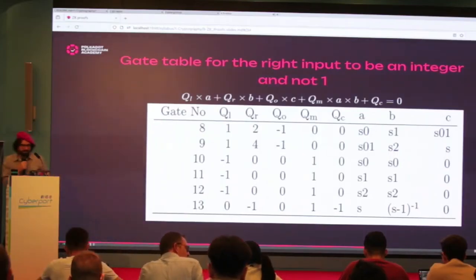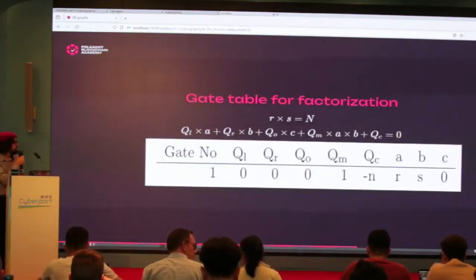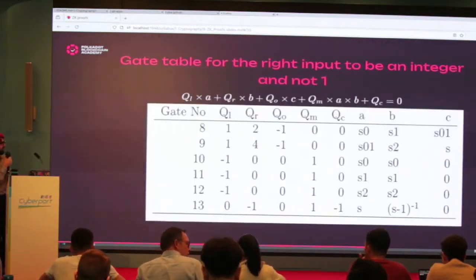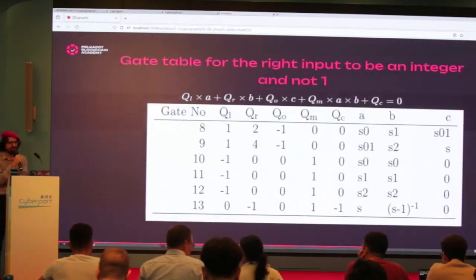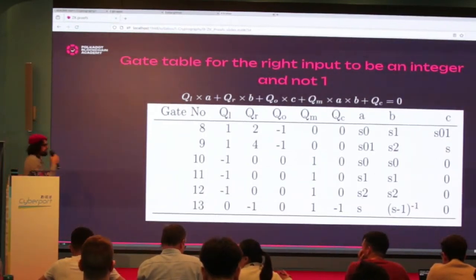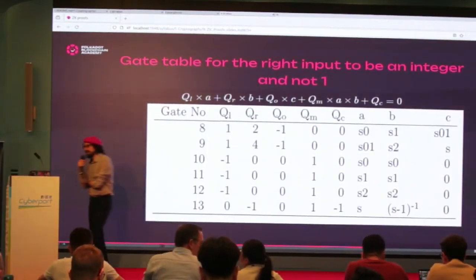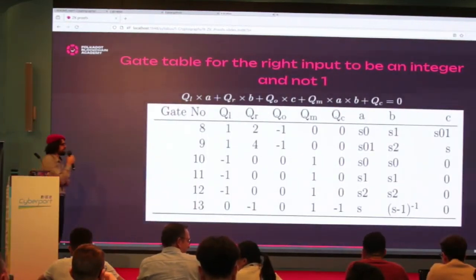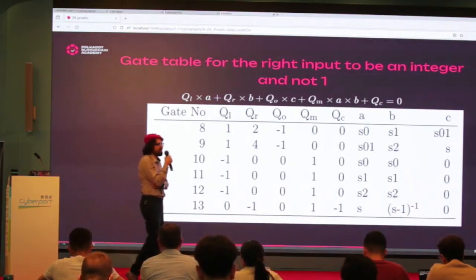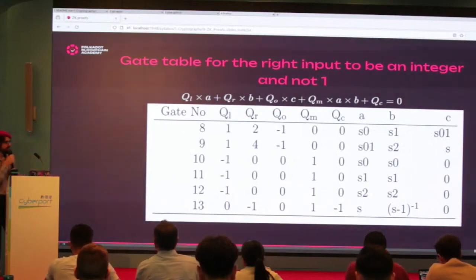Here we are. We built our table of relation 1, relation 2, 3, 4, 5, 6, 7, 8, 9, 10, 11, 12, 13. So basically, if the prover has R and S that can satisfy these 13 relationships, then they are not lying and they have a factor for n.